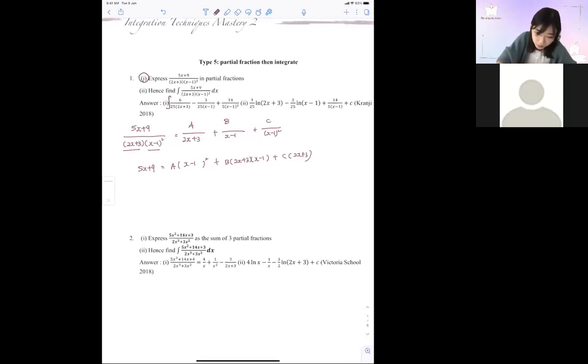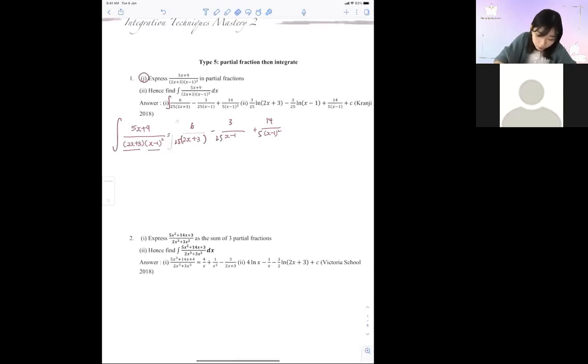Since your A is 6 over 25, and your B is 3 over 25, this is minus. And then your C is 14 over 5. Integrating this is the same as integrating this.